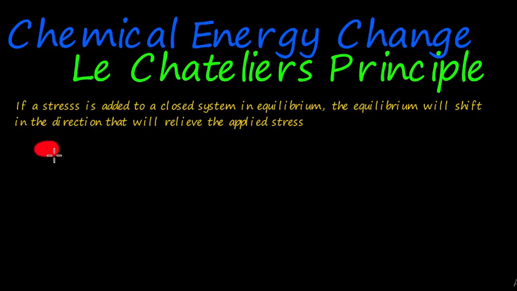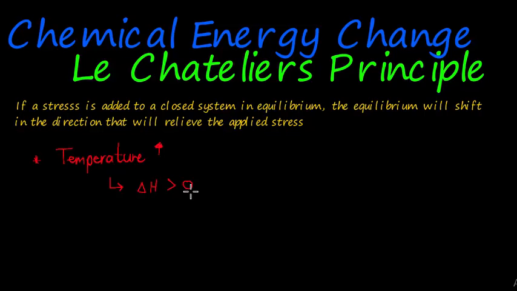So if temperature in a reaction was increased, then it depended on whether it was an endothermic or an exothermic reaction. So endothermic means that we needed energy, so enthalpy is positive, because enthalpy is literally how much energy do I need.